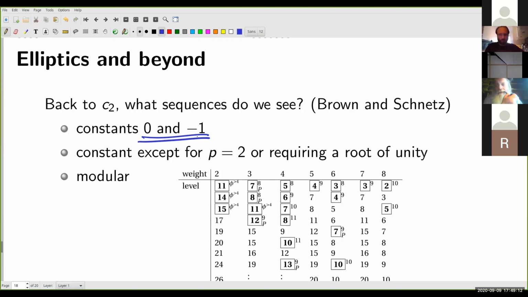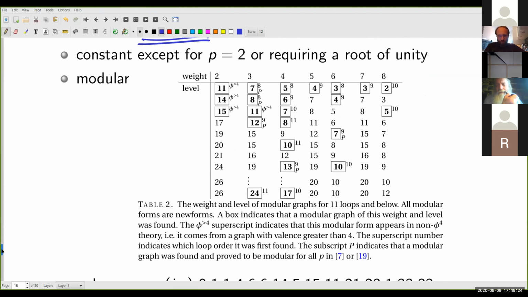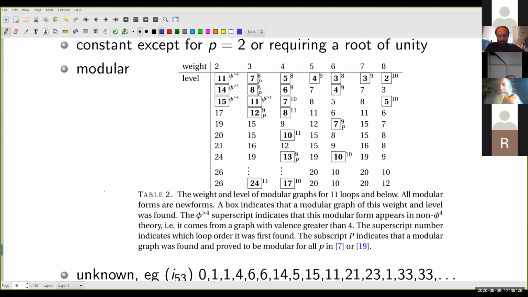And that's actually another nice conjecture that is sort of a graph theoretic conjecture, which I really like. There's also ones that are almost constant, like they have a problem at p=2, or you need to put in some roots of unity. Then one of the things that gets certain classes of number theorists exciting is you get the modular forms. So okay, we're getting there, we're getting to elliptic here, right?